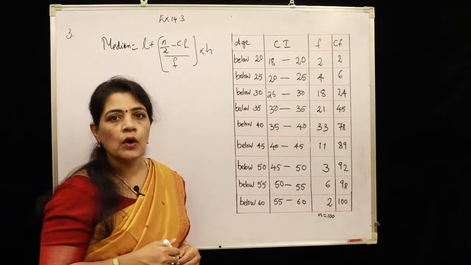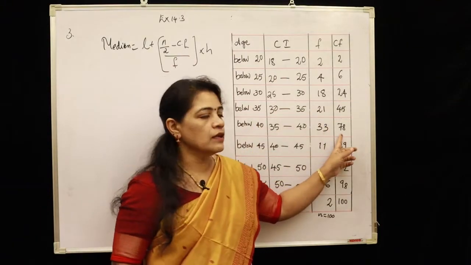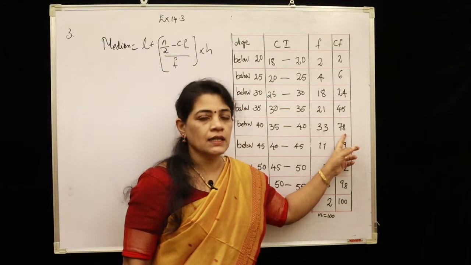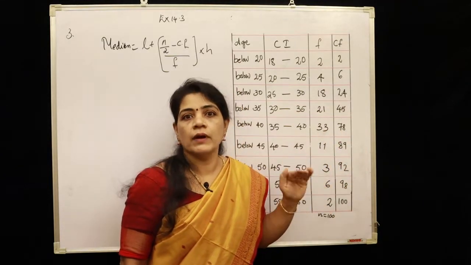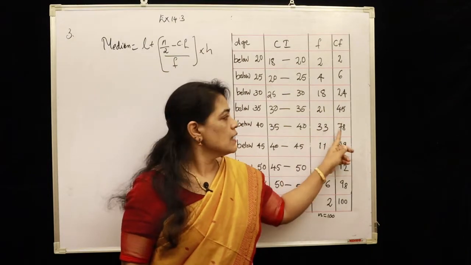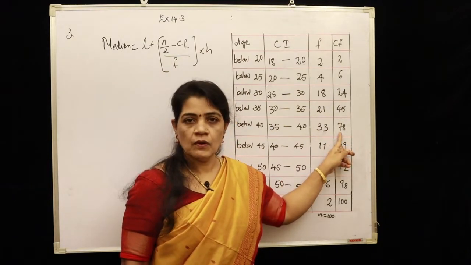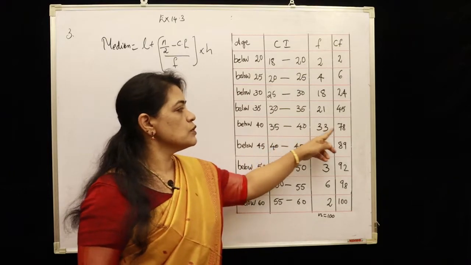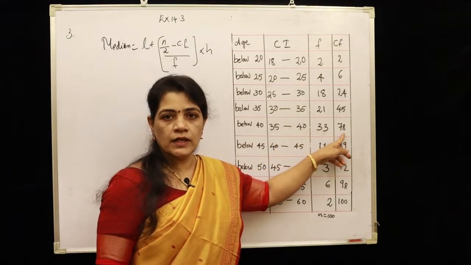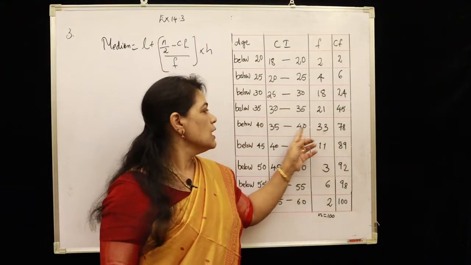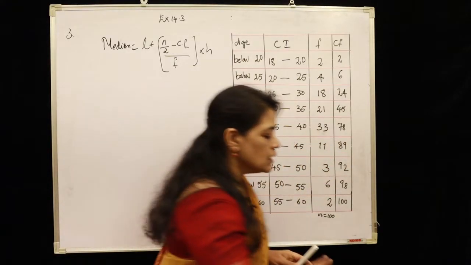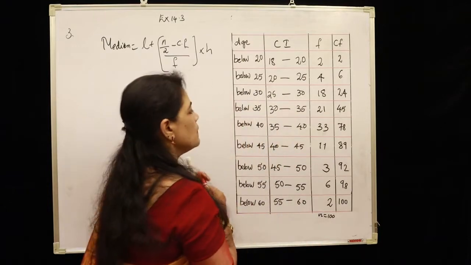In the cumulative frequency column, look for the cumulative frequency just greater than 50, that is 78. The class corresponding to this 78 is the median class.